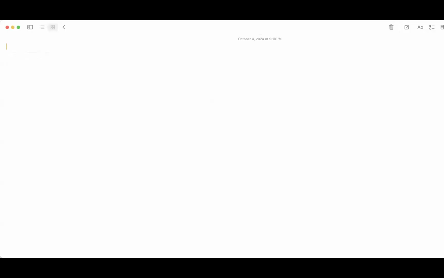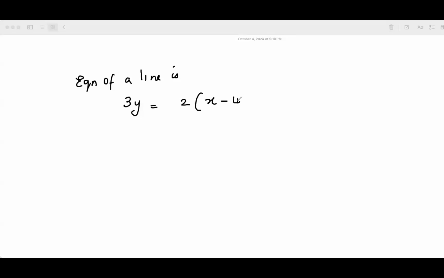Okay, now let's see this one. Equation of a line is 3y equal to 2x minus 4. What form of a line equation is this?